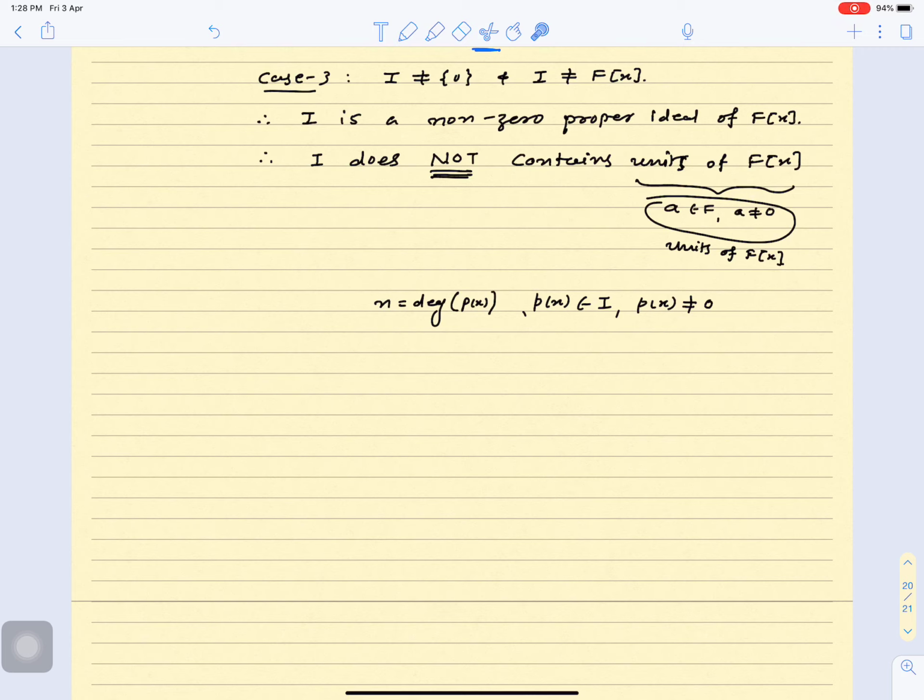So now you consider all the polynomials. I am going to define one set. Consider all the non-zero polynomials in I, find their degrees, and let me say that degree is n.